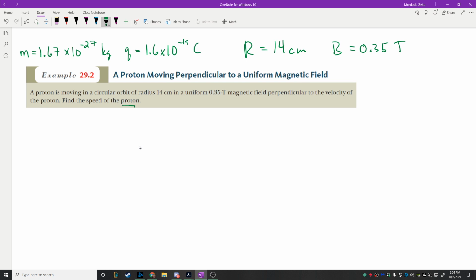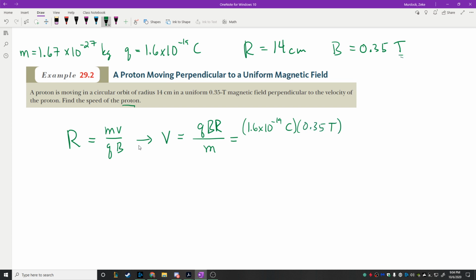We're trying to find the speed. So we use our equation we just derived, r equal to mv divided by q times B. We solve for the velocity. The velocity is going to be q times B times the radius divided by the mass. Plug in all these numbers up here. B is 0.35.